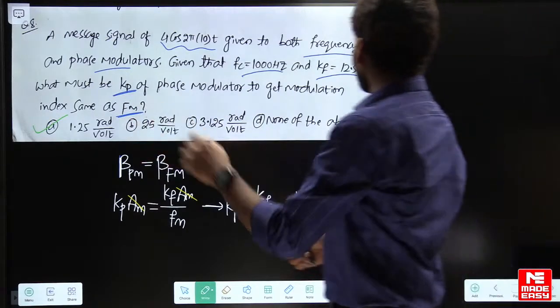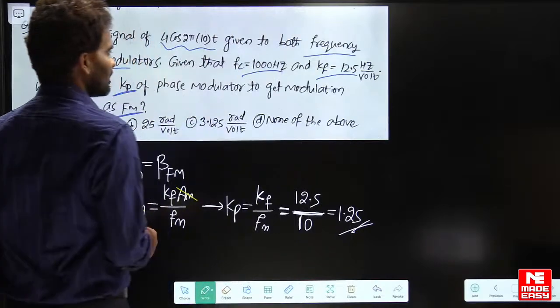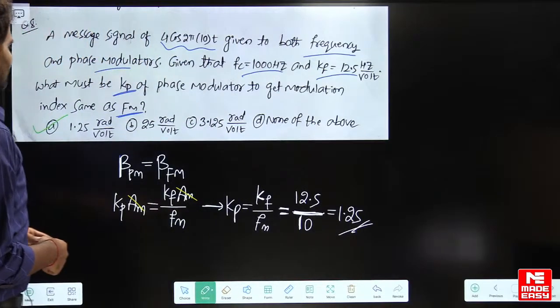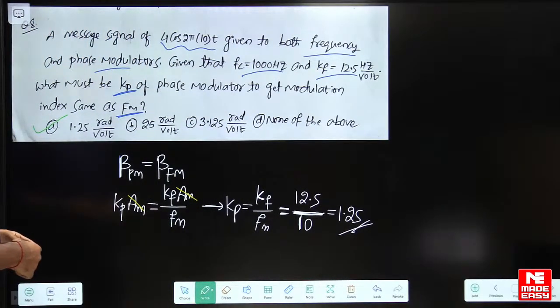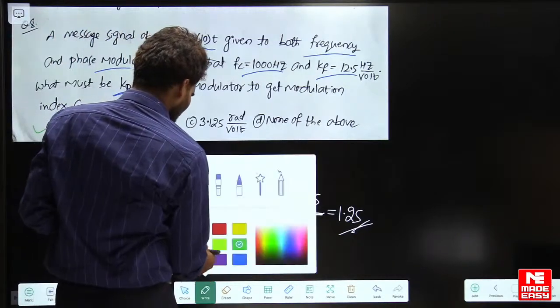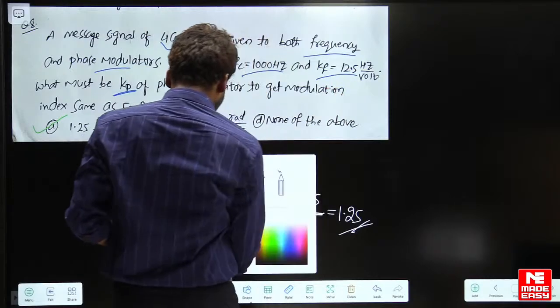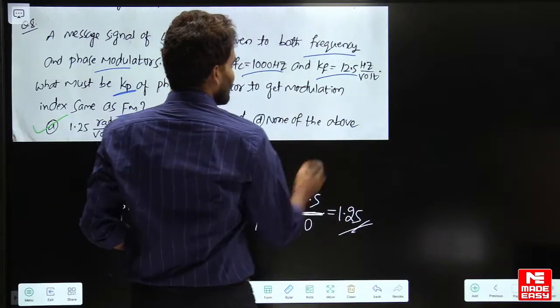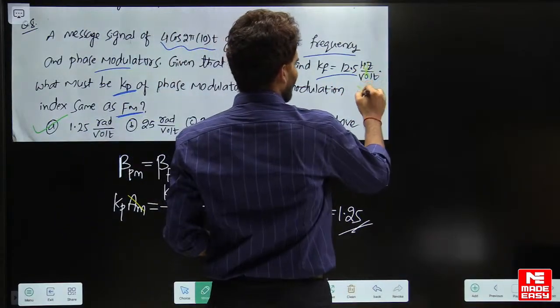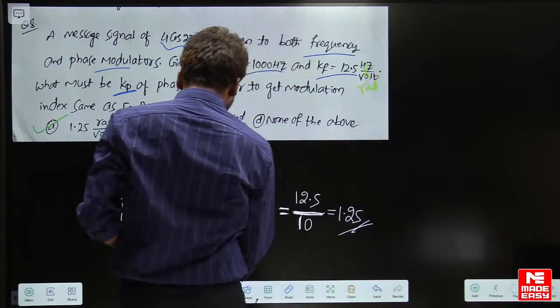Yes, fine. Let's proceed to the next question. Actually, because it is given radians per volt, take the KF units here as radians per second volt.